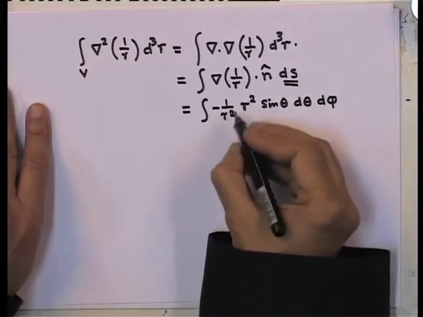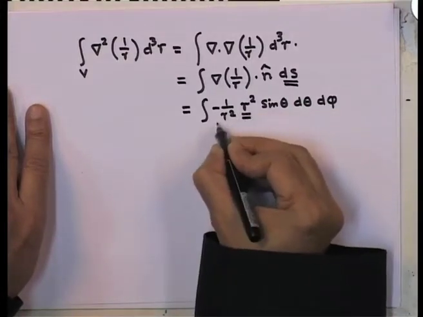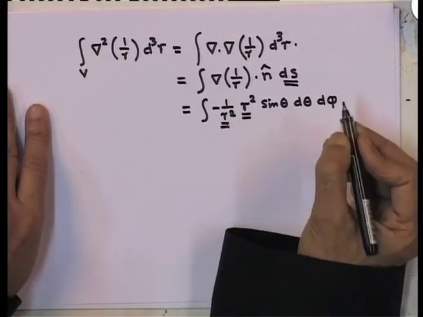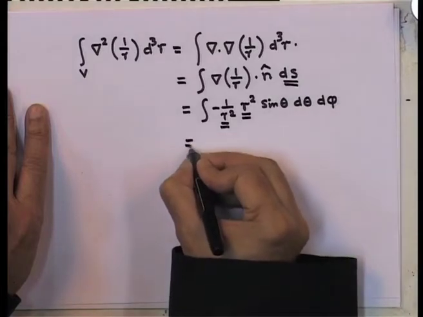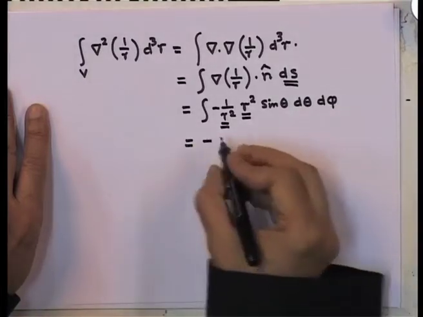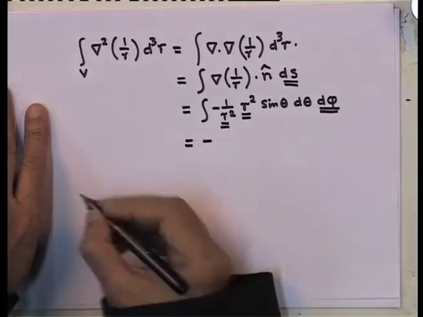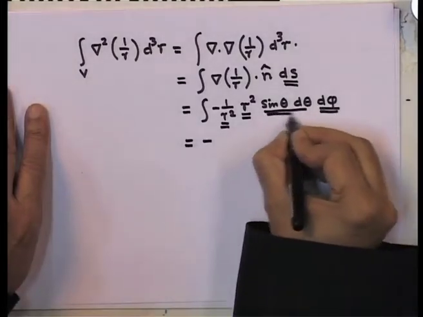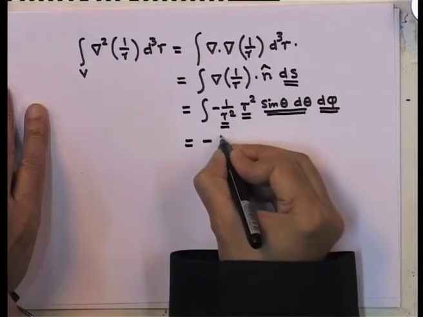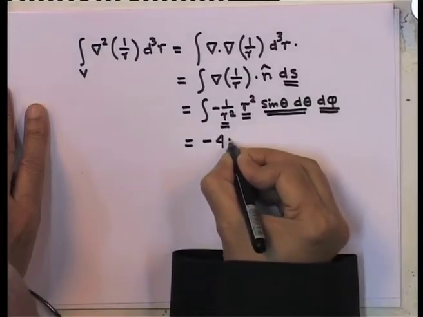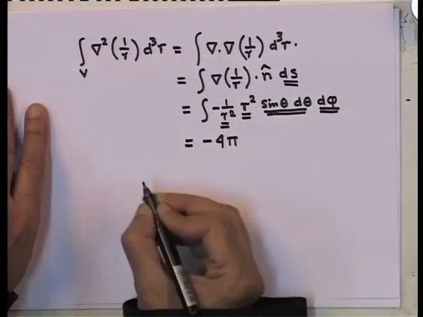Now, notice that there is no integral over r, because it is on a surface where r is fixed. So, this is equal to minus the integral. The azimuthal angle gives me 2 pi, and sin theta d theta gives me a factor of 2. So, I am left with minus 4 pi.